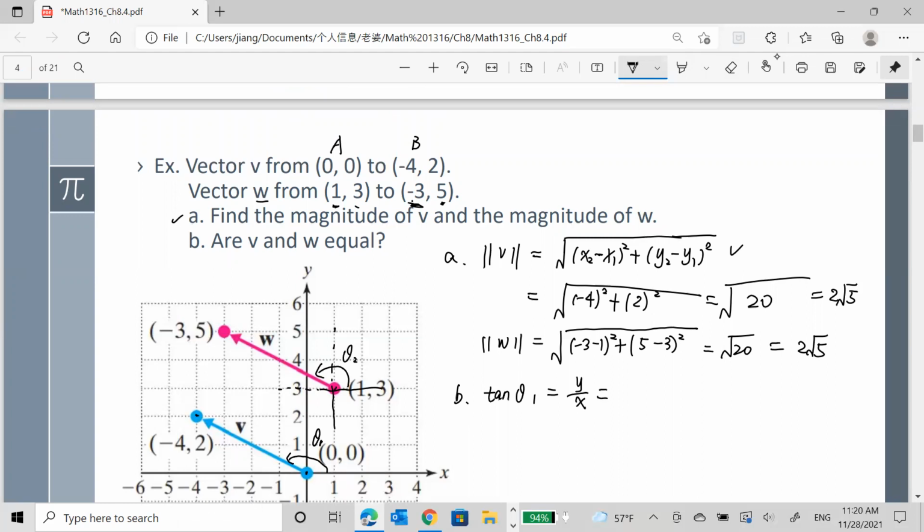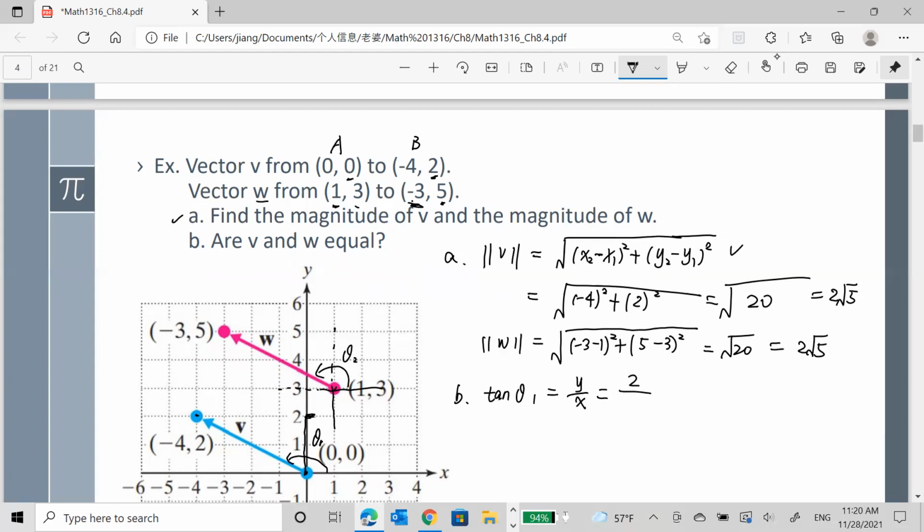So what is the y for the vector v, the blue one? The y is the distance from here to here. That's 2, right? Or you use y2 minus y1, so that's 2 minus 0, which is 2.